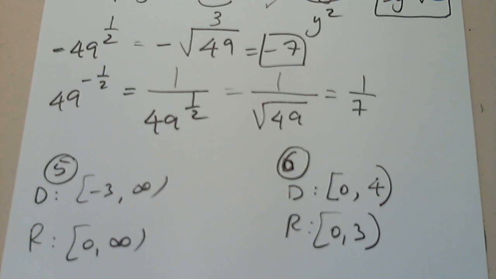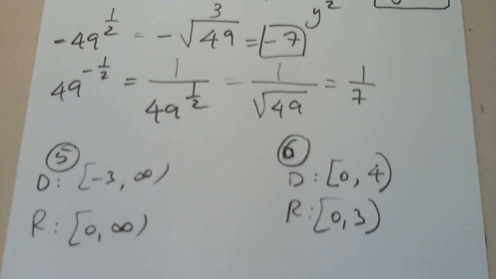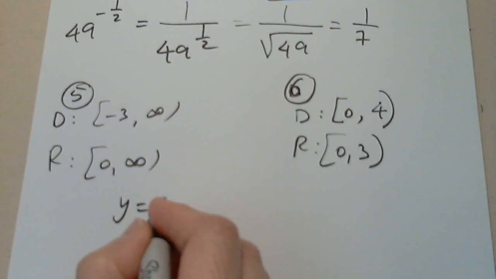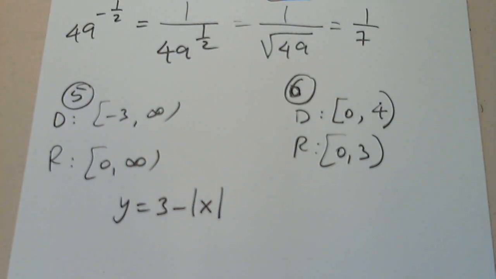Graph this by plotting points, present the table. I'm happy with 3 minus, so y equals 3 minus the absolute value of x. I'm happy if you just look at the graphing calculator. Because in the next course, you're going to talk about transformations, and that's a better understanding of the graph than just plotting points. So how do we do this with the graphing calculator?